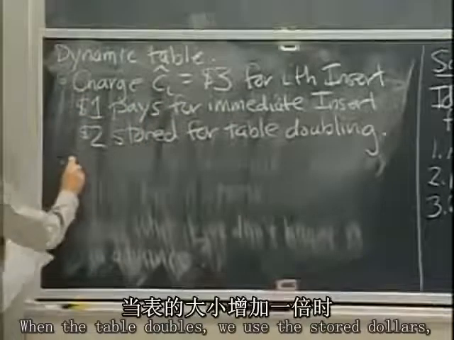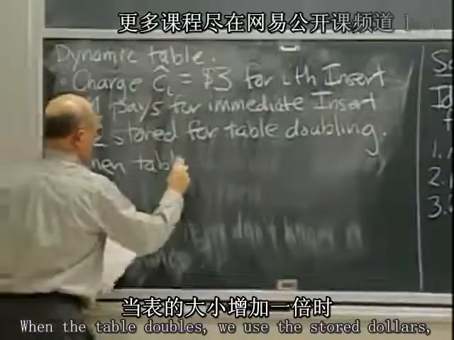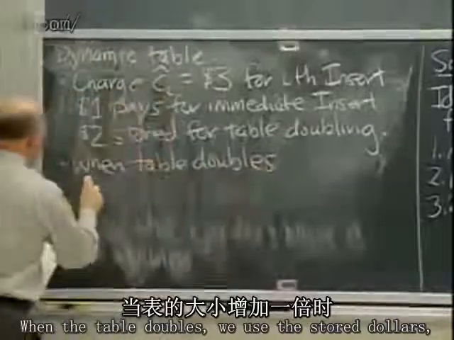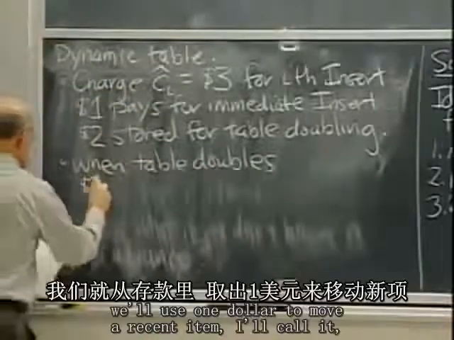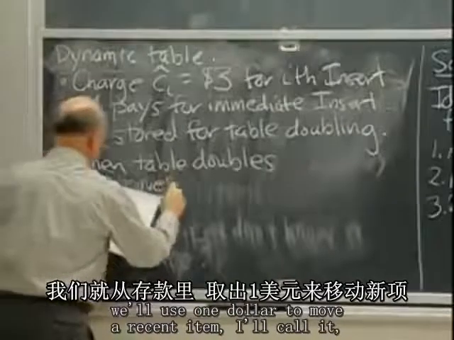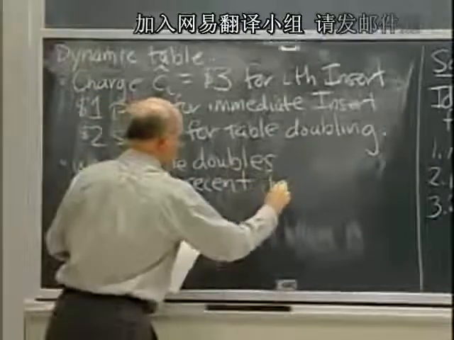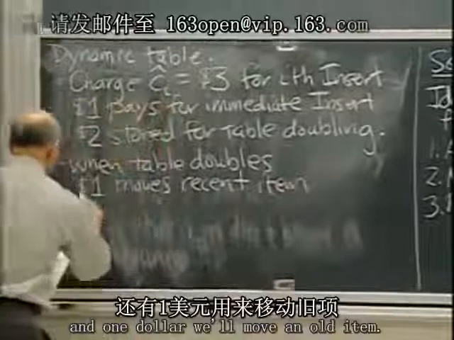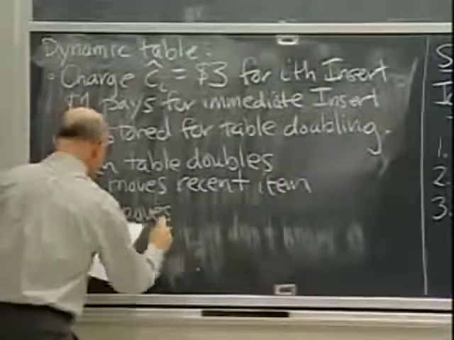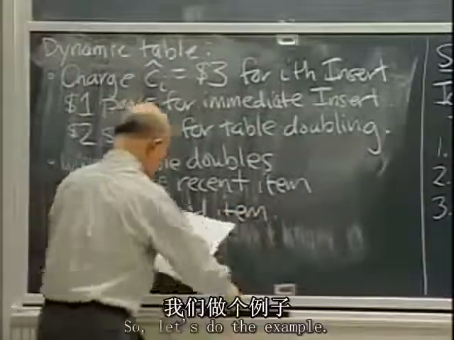When the table doubles, of the stored dollars, we'll use $1 to move a recent item, I'll call it, and $1 will move an old item. So let's do the example.